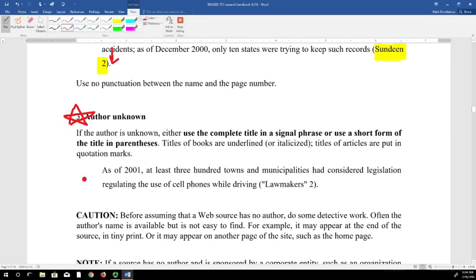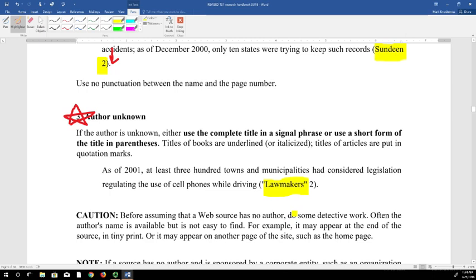So here's an example. As of 2001, at least 300 towns and municipalities had considered legislation regulating the use of cell phones while driving. Lawmakers, 2. Now, is the person who wrote this, is his or her last name Lawmakers? No. Why do we have Lawmakers here?